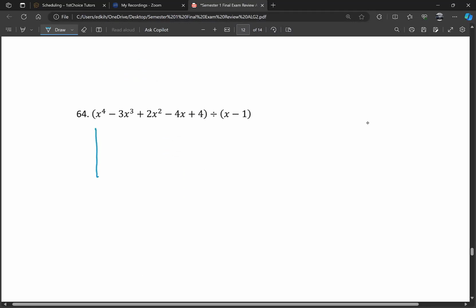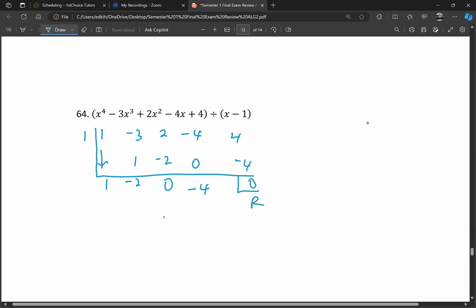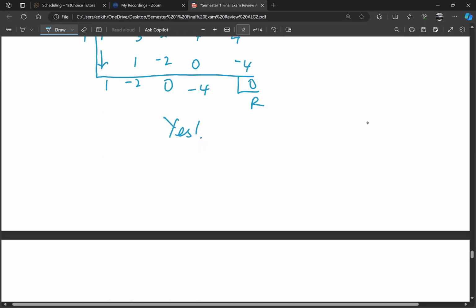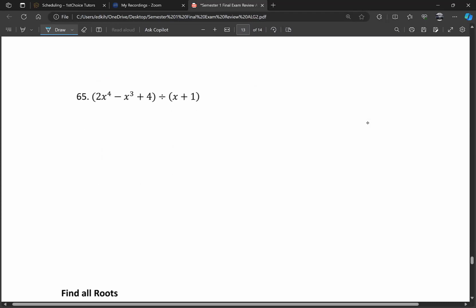Here, it's kind of getting boring at this point, right? So bear with me. 1, -3, 2, -4, and 4. Drop down to 1. Multiply, add. Remainder is 0. So this would be yes. Okay, notice here, we're missing a bunch of terms. We don't have x to the second. We don't have x to the power of 1. So we need placeholders.